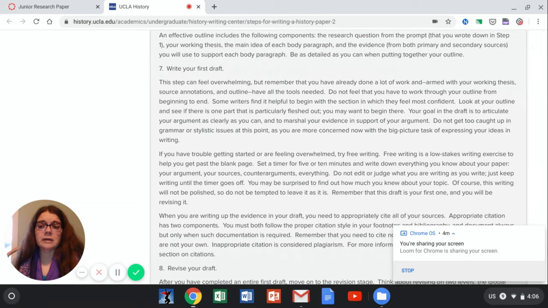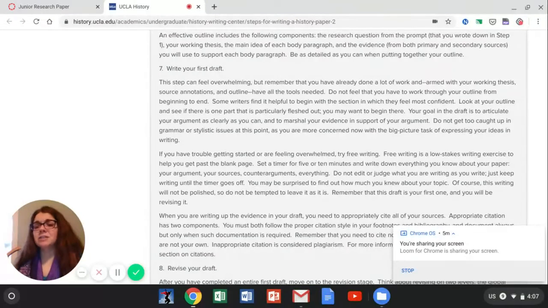Again, depending on the organization that you've chosen, there might be different reasons for starting it. It might not be a chronological thing, and you might have had a reason for saving a particular topic for, say, your second or third body paragraph.